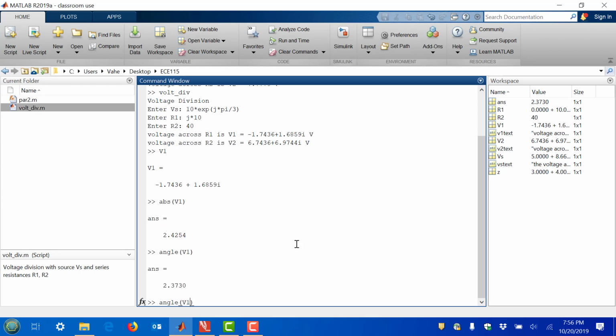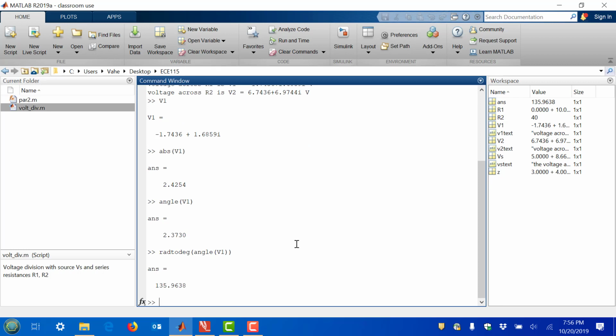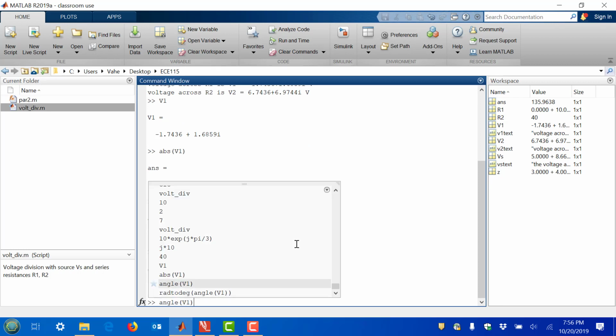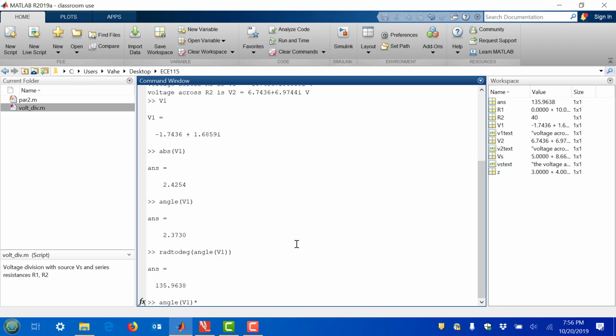Let's use rad to degree, and it's 135.963. We can check: if you multiply the angle by 180 over pi, you should get the same thing. And you do.